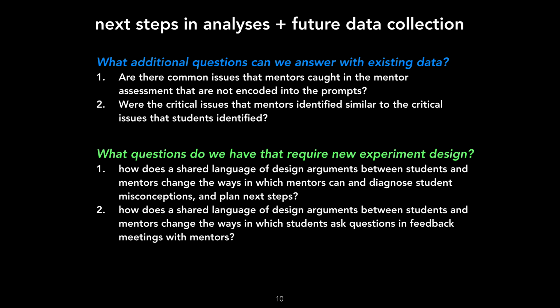For example, it'd be really cool to look at how dialogue between mentors and students is changing. In mentoring meetings, are they spending more or less time trying to identify the issues and risks themselves, versus having concrete coaching discussions about, well, you think this is the issue, but actually this is the deeper issue, or we agree that this is the issue and these are some ways we could think about next steps.